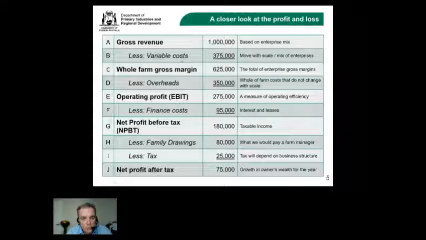We've got some variable costs. In our previous activity we talked about cropping costs and livestock costs; we're adding them together here to get total variable costs. Variable costs are the costs directly associated with producing your revenue. For cropping, it would be the cost of harvesting and freight and fertilizer and chemicals.